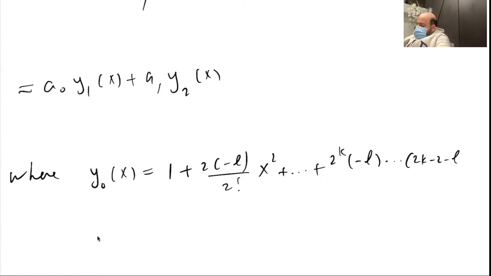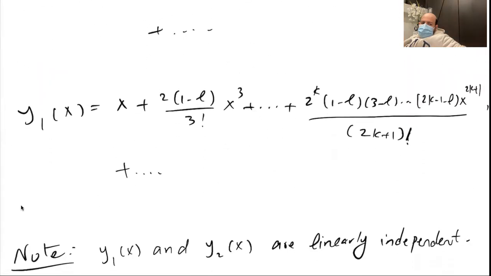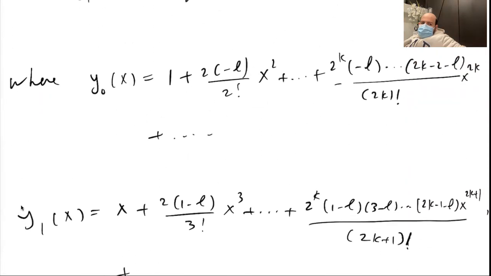Now note that y1 of x and y2 of x are linearly independent. So here we have y as a linear combination of these two linearly independent functions.